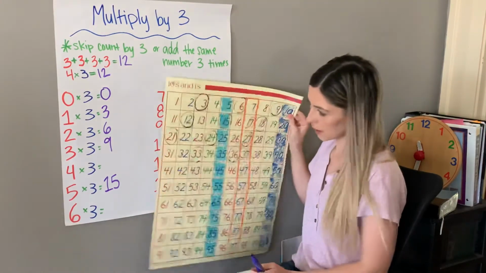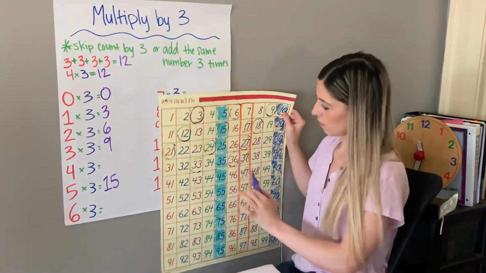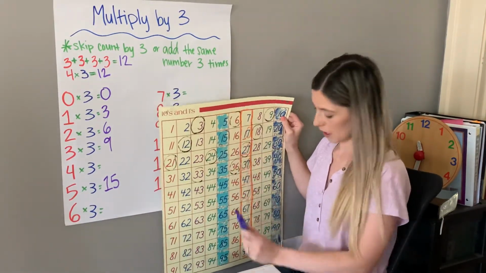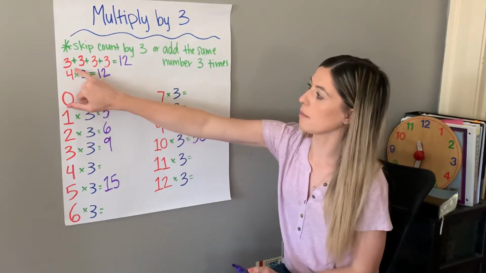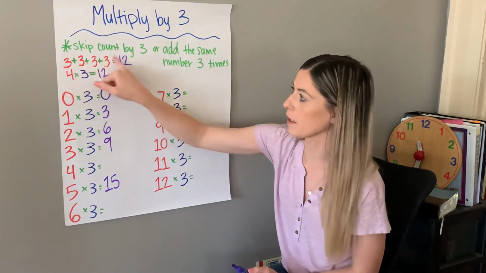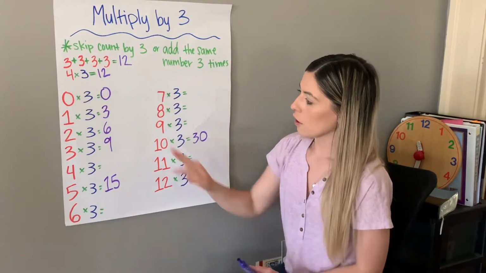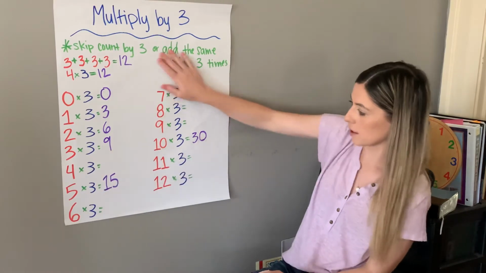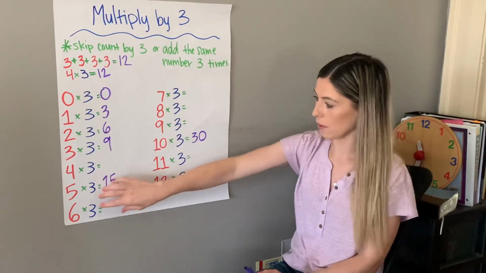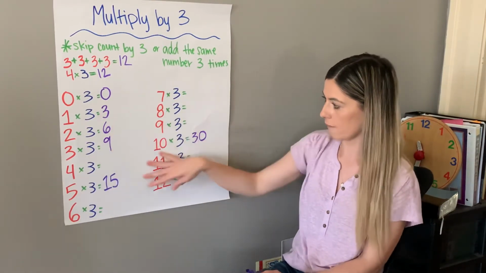So you can use a counting chart to help you count. Let me know if you need one. Or you can write down a problem like this to help you add if you're really having trouble counting by threes. But you should be able to somewhat count by threes, so I'm going to help you along and count by threes to fill in the rest of these.